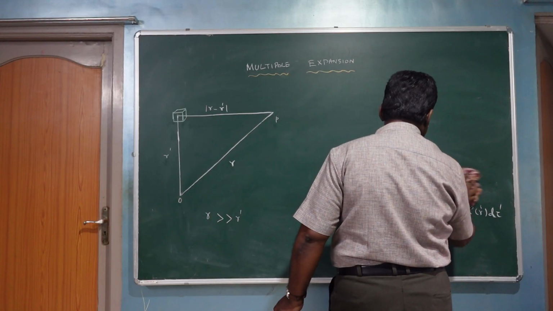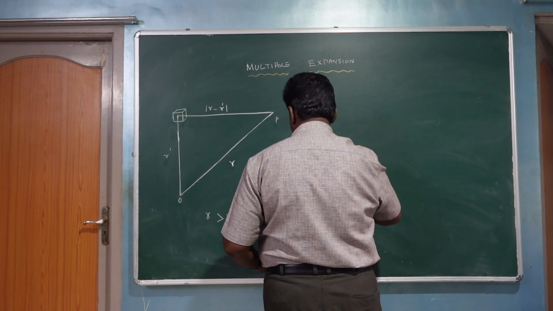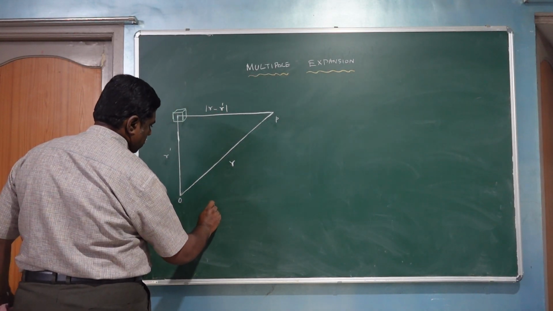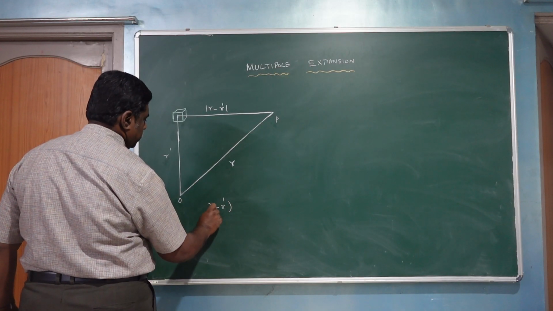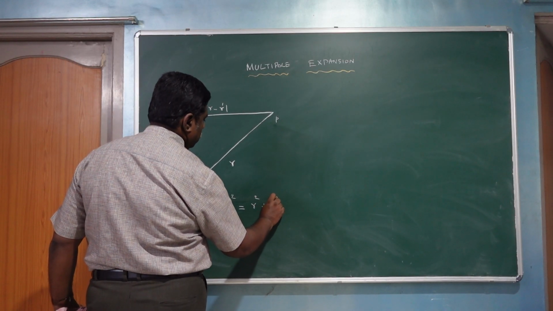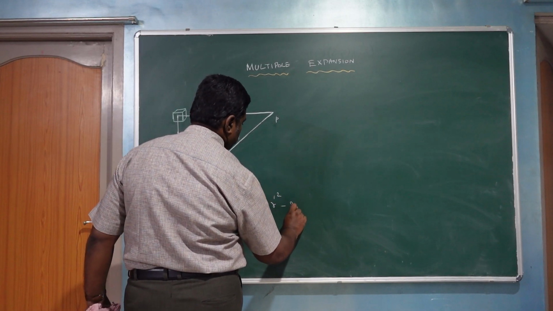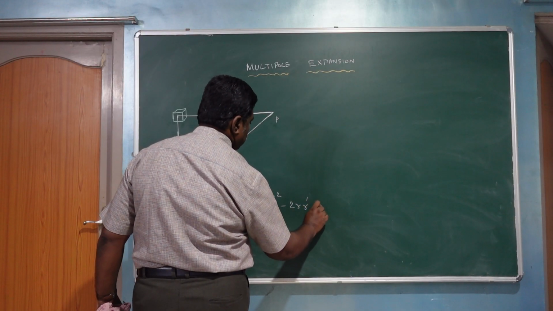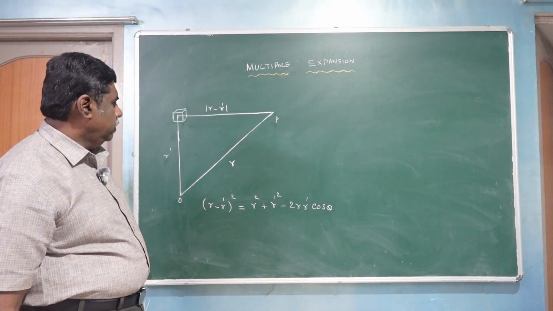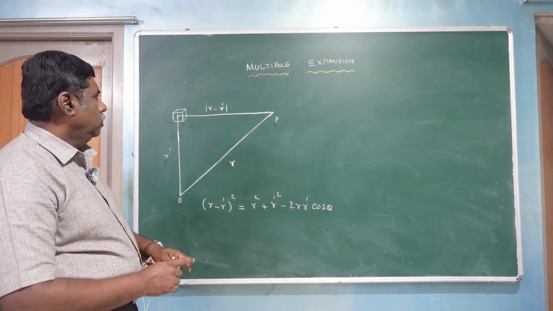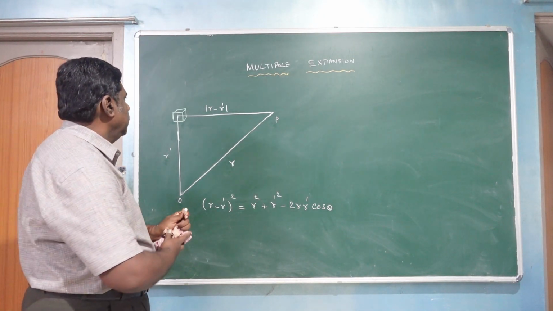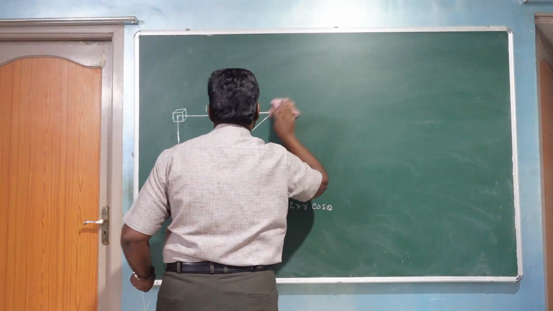The unknown third side is given by the cosine rule: r minus r dash whole square is equal to r square plus r dash square minus 2 r r dash cos theta. This is our r minus r dash whole square value according to the cosine rule.